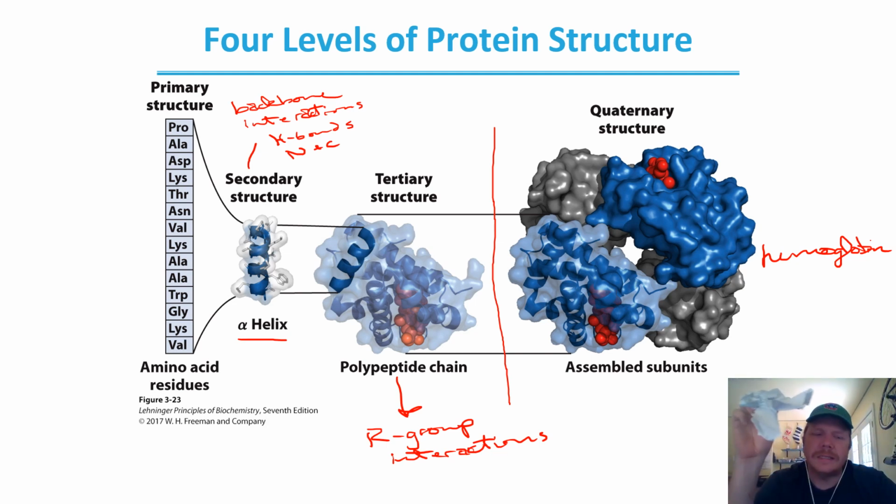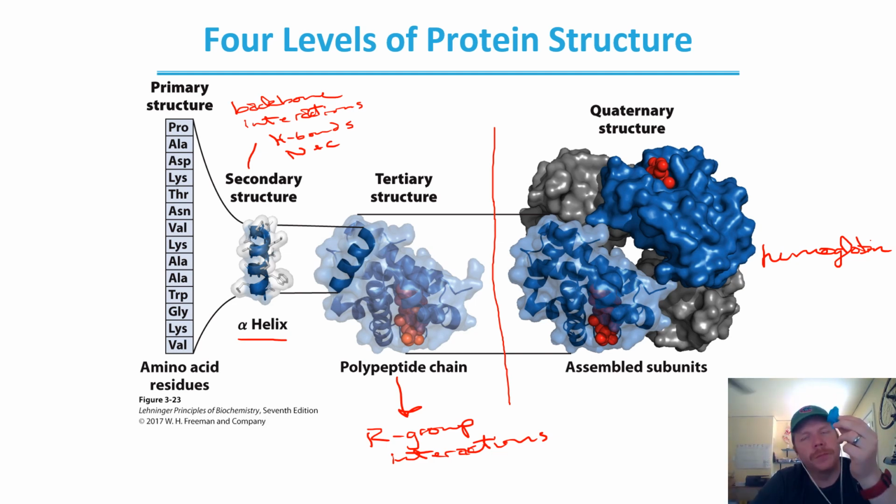So what is stabilizing this and what is stabilizing this? Well, it's largely going to be R group interactions that are going to stabilize this, and R group interactions that are going to stabilize this. The difference between your tertiary structure and your quaternary structure is that with quaternary structure, I'm talking about R group interactions between 2 different polypeptides.